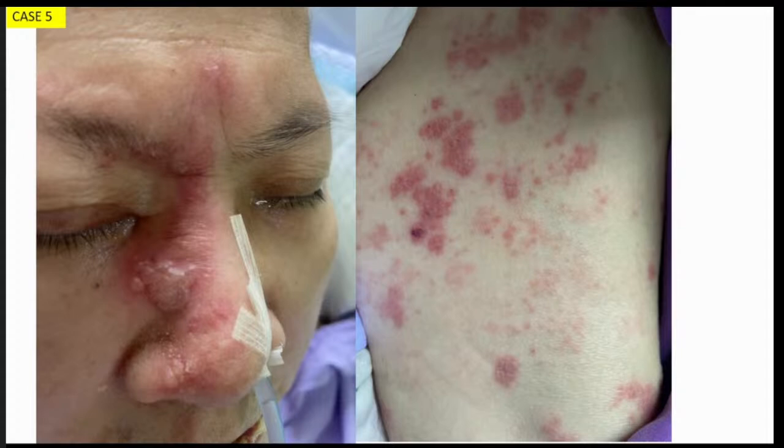There are two more: herpes zoster duplex and herpes zoster multiplex. Okay. How do you differentiate between disseminated herpes zoster versus varicella zoster?